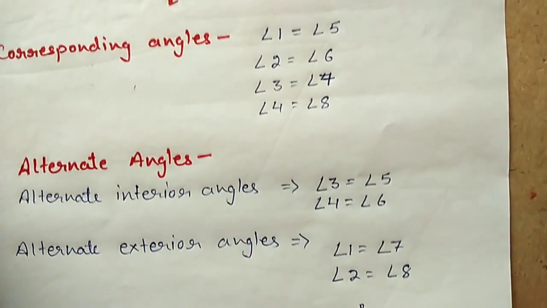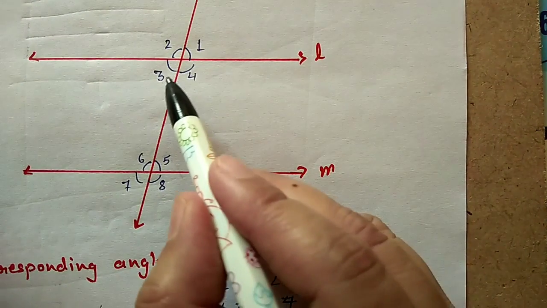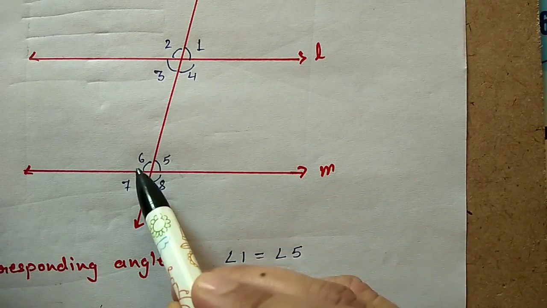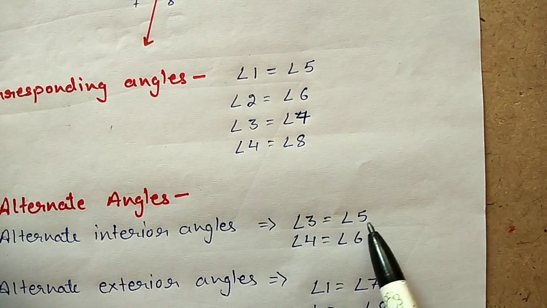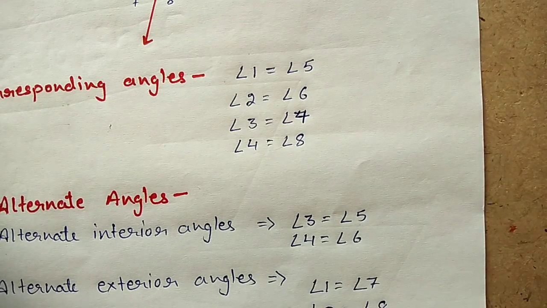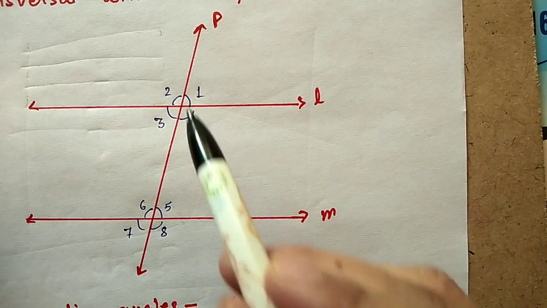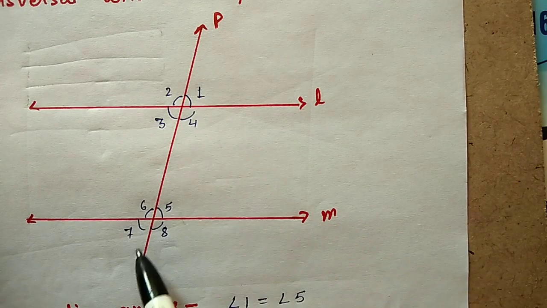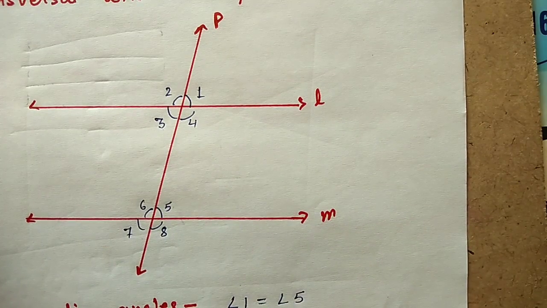So alternate interior angles are 3 and 5, and 4 and 6, on the other side of the transversal. Alternate angles will be equal to each other, so 3 will be equal to 5, 4 will be equal to 6. And alternate exterior angles will also be equal. So 1 is here and 7 is on the opposite side of this line, outside. So 1 and 7 will be equal, 2 and 8 will be equal.